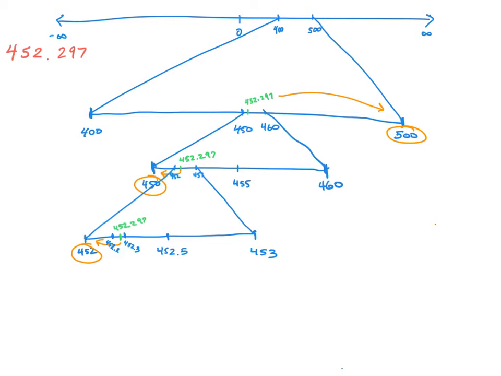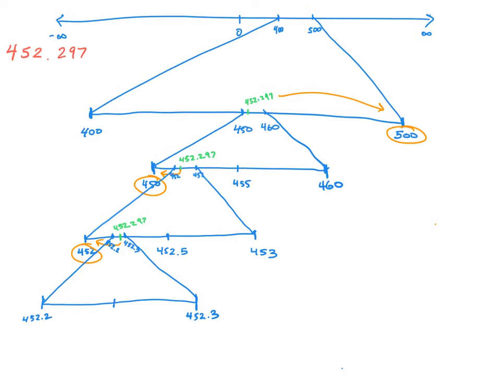But let's go ahead and zoom in and create us a new number line. This end will be 452 and 2/10, and over here will be 452 and 3/10, because I know my number is in between those 2/10.